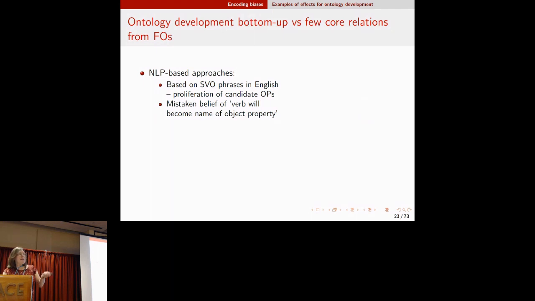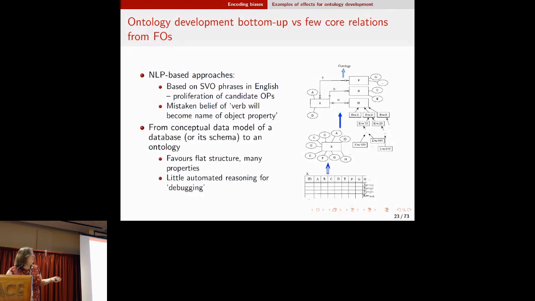And it is based on the mistaken belief that each verb matches a specific object property. But generally, we have the same kind of relations and different ways of talking about it. So what you actually would need to do is separate the language layer from the ontological layer and choose one name of a relation that maps to multiple verbs that you harvested from the literature. But yeah, you get that kind of draft ontology basically.